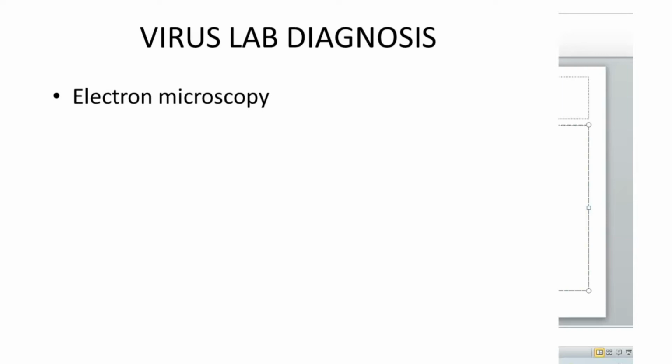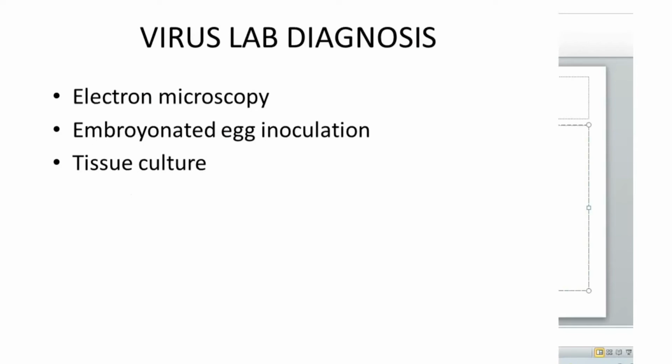The virus lab diagnosis is usually done easily with an electron microscope to know the shape. The influenza virus is easily inoculated and grown on the embryonated egg.